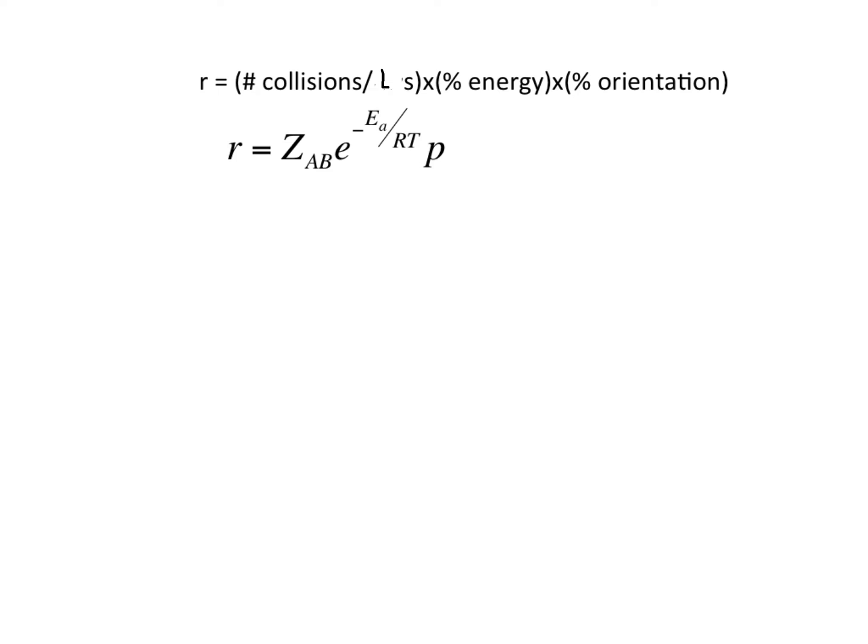Based on my microscopic picture, if I take the number of collisions per unit volume per time, and I multiply that by the fraction or the percentage that have enough energy to react, and then multiply that by the percentage or the fraction that have the right orientation to react, I should find the number of collisions with enough energy and the right orientation that occur per unit volume per time.